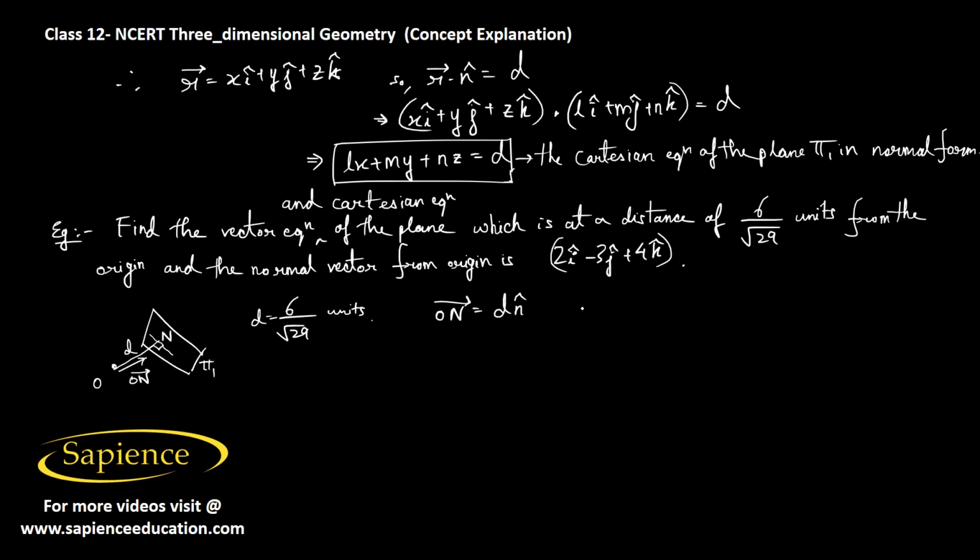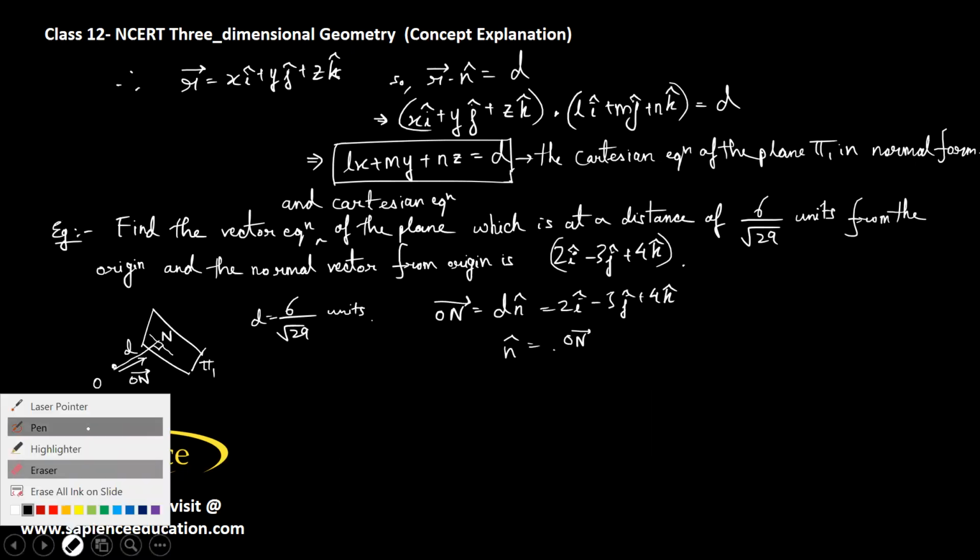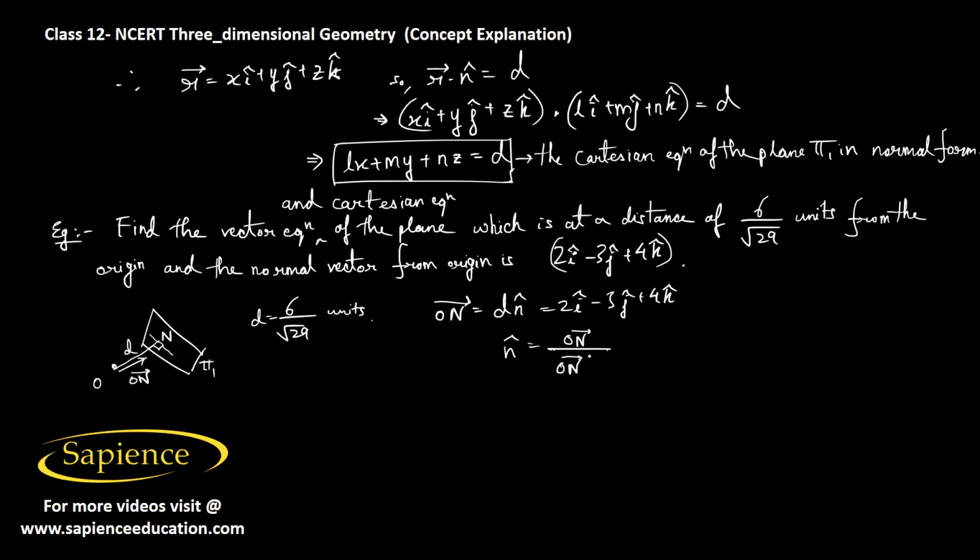So n cap is the unit vector along ON. So that would be equal to ON vector divided by magnitude of ON vector.